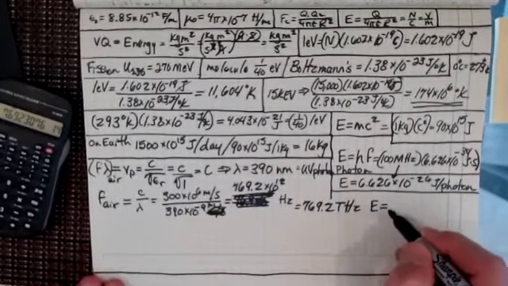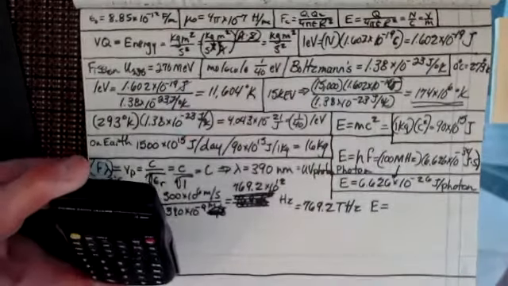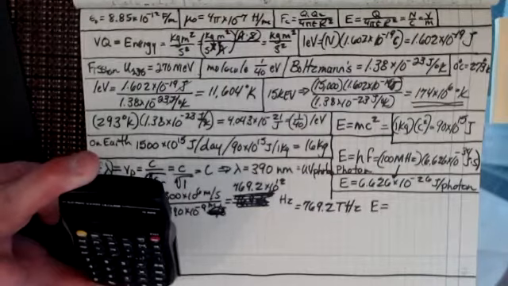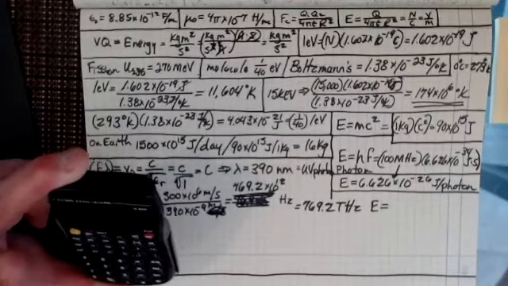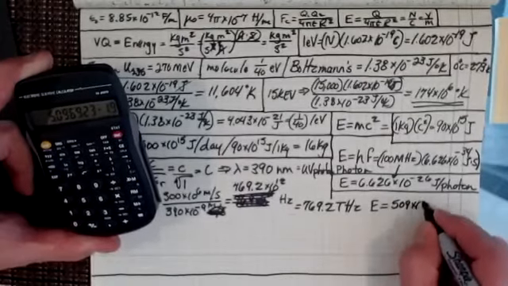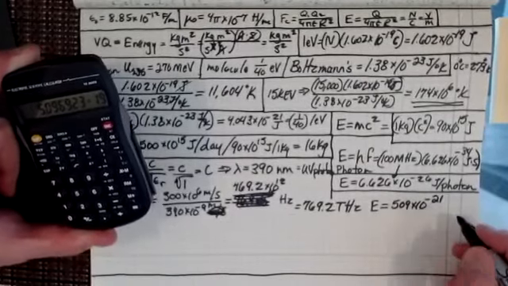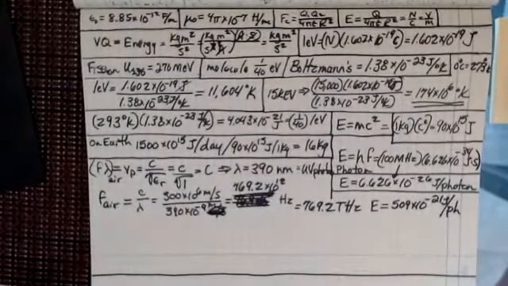The energy for that then, 769 terahertz times Planck's constant of 6.626 times 10 to the minus 34 is going to give me 509 times 10 to the minus 21 joules per photon. Okay, does everyone see that?